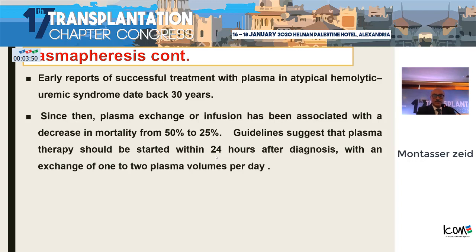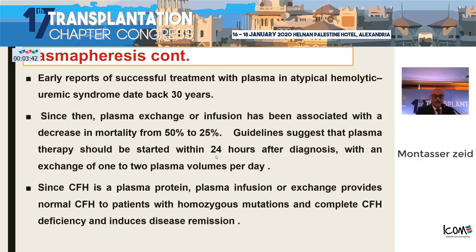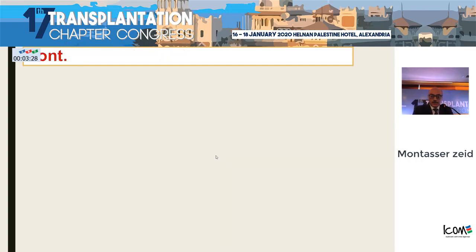The guidelines suggest that plasma therapy should be started within 24 hours after diagnosis with an exchange of 1 to 2 plasma volumes. Since complement factor H is a plasma protein, plasma infusion or exchange provides normal complement factor H to patients with homozygous mutation and complete complement factor H deficiency and induces disease remission.